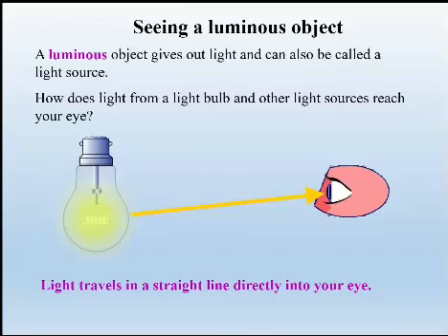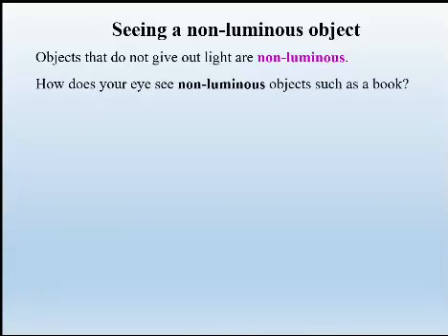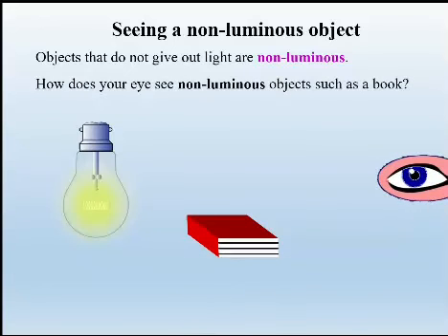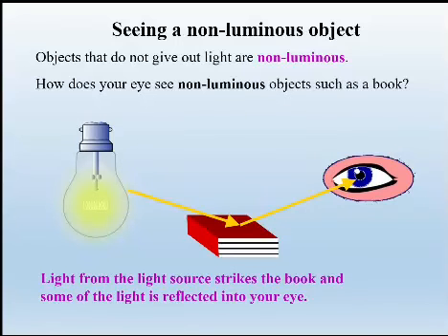Now non-luminous objects. Objects that do not give out light are non-luminous objects. How do you see a non-luminous object such as a book? Because the book does not have its own light, we see it through another luminous object.